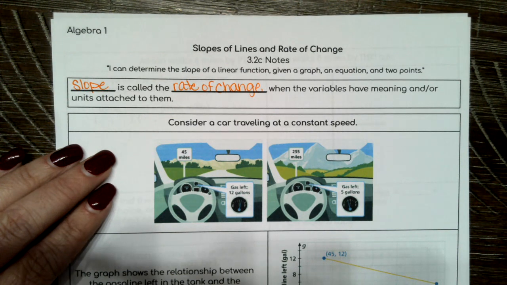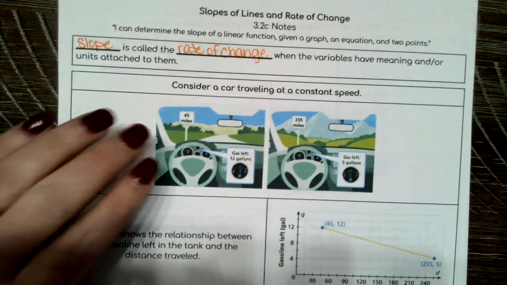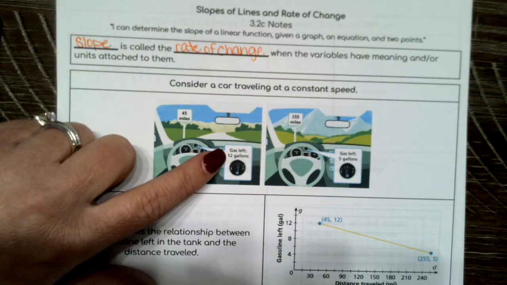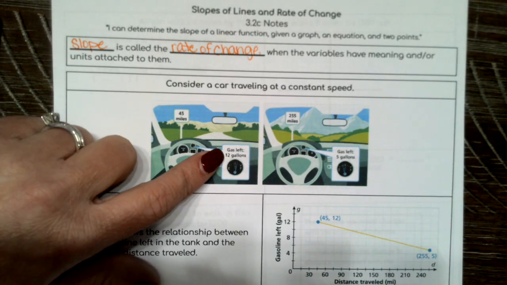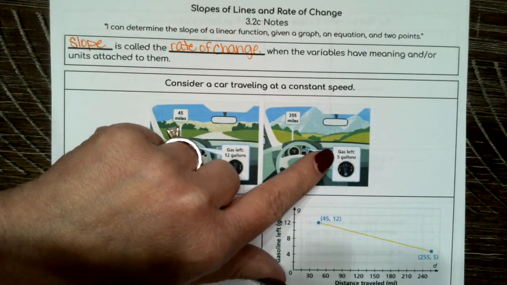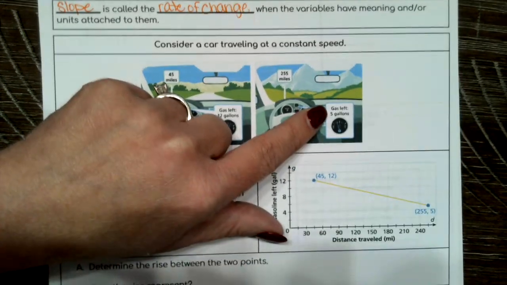Consider a car traveling at a constant speed. So this car has traveled 45 miles and there's 12 gallons of gas left in the car. Now the car has driven 255 miles and there's only 5 gallons of gas left in the car.